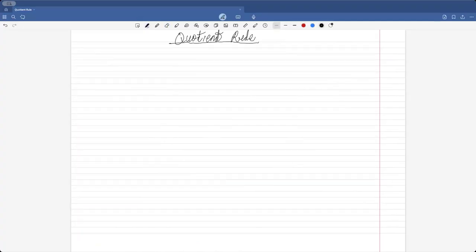So let's say we have a question that says x squared minus x plus 1 over 2x minus 3.